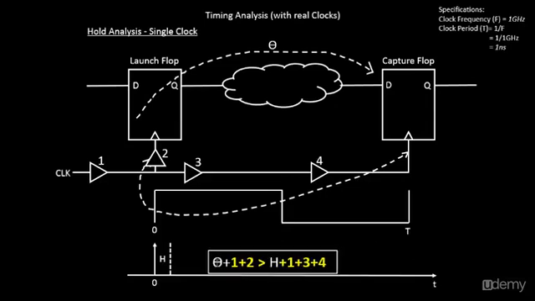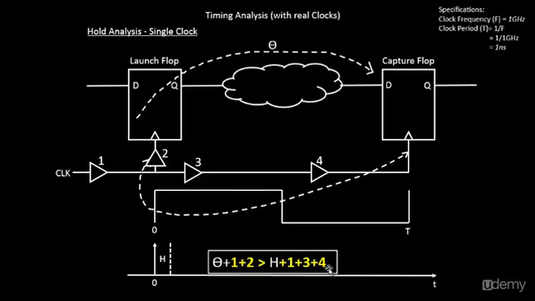The combinational delay plus the launch clock network delay should be greater than the hold time plus the capture clock network delay. It should be something like this: 1 plus 2 is the time at which it receives the edge, plus the combinational delay, and it should be greater than 1 plus 3 plus 4, when the capture flop receives the edge, plus the processing time of the capture flop. So it's a very simple equation compared to the previous ones that we have seen.